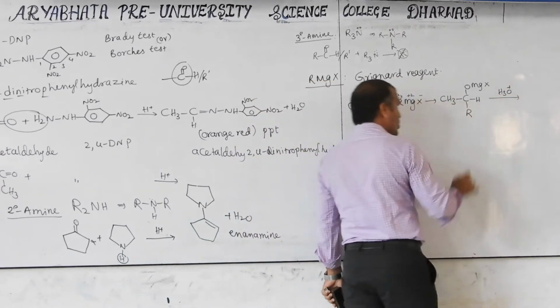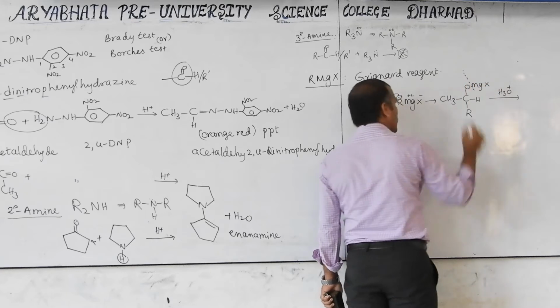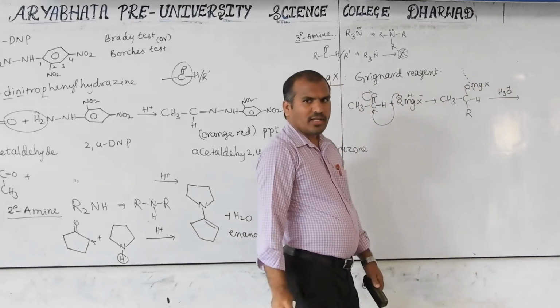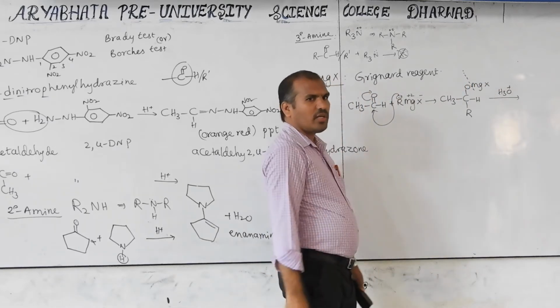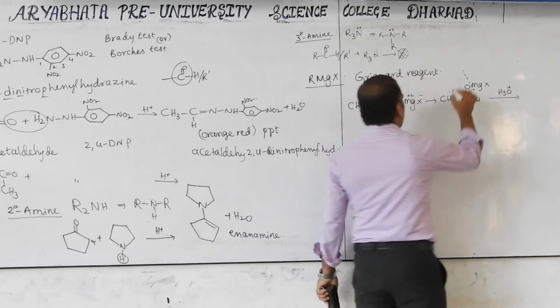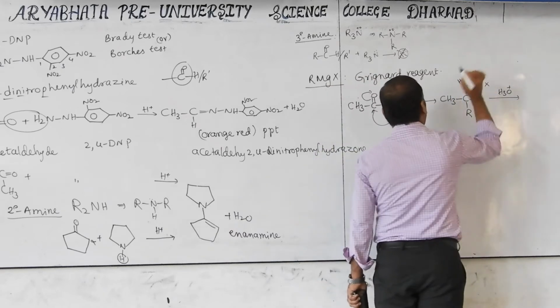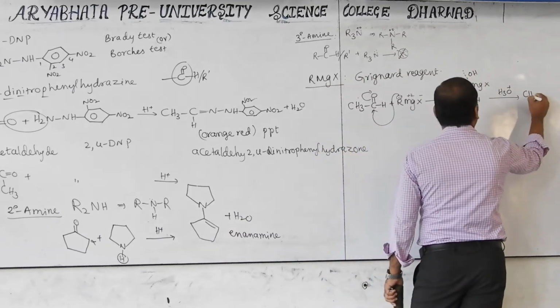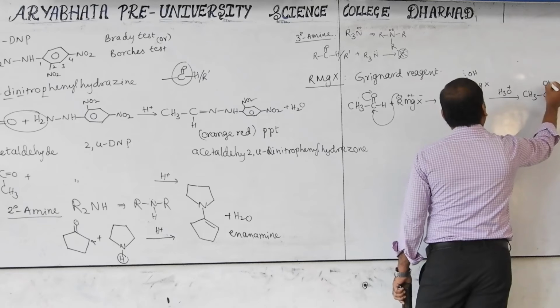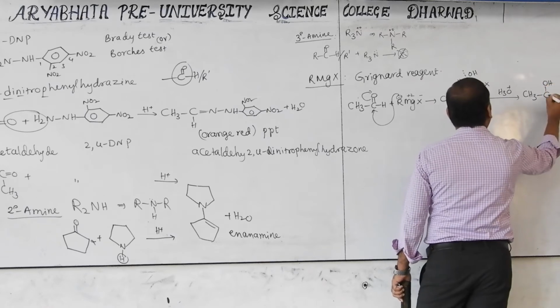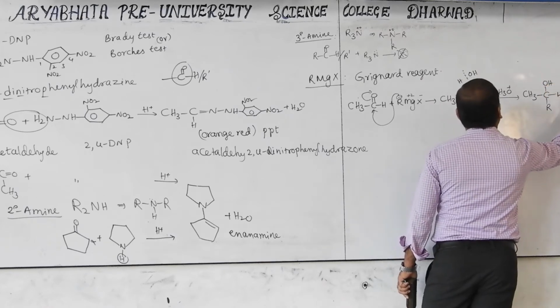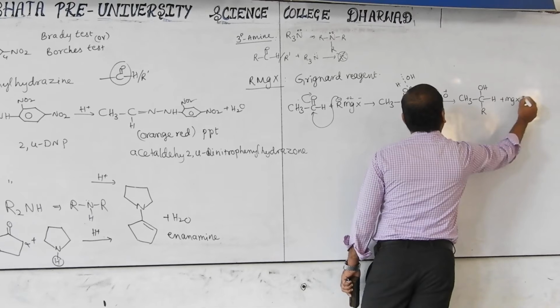We will learn how to do hydrolysis: the more electronegative part gets the less electronegative part, and the less electronegative gets the more electronegative part. Then you have H, this is OH. Then we get CH3, OH, R, H, and MgX, OH.